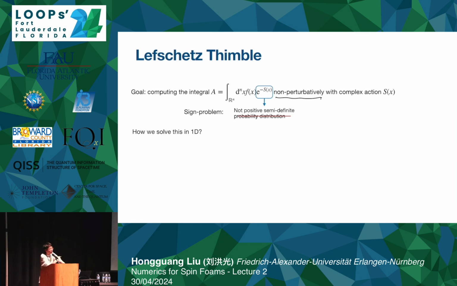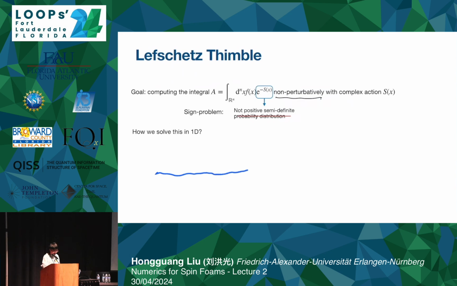How do we integrate out a highly oscillatory integral in 1D? We know we have the saddle point approximation, but we have more things we can evaluate non-perturbatively. What we also used in the saddle point approximation is that we deform the contour. And this is how the saddle point approximation works.